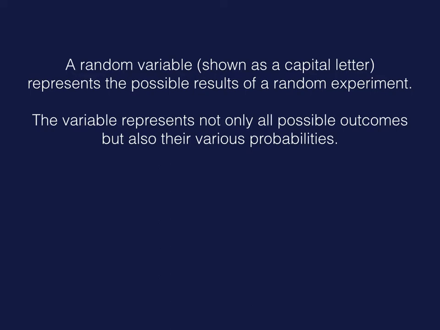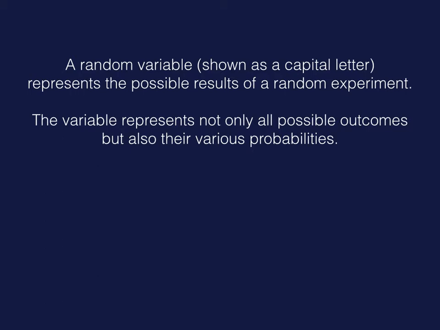Random variables and their distributions. These are always shown as capital letters in textbooks. A variable usually represents a number that we don't know yet, or that we have to solve for. But a random variable represents all the possible outcomes of a random experiment as well as the probabilities.